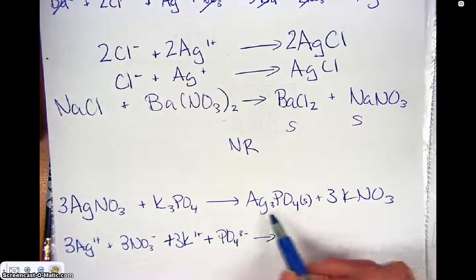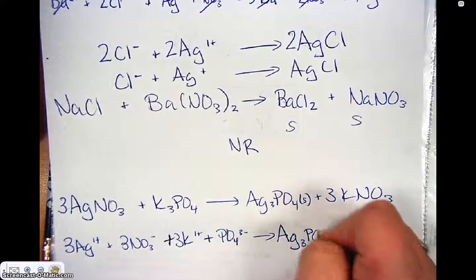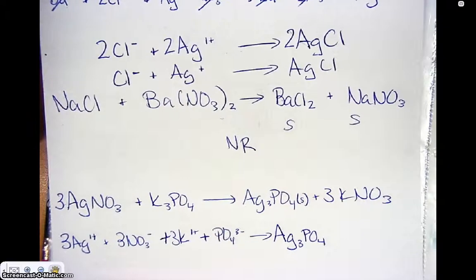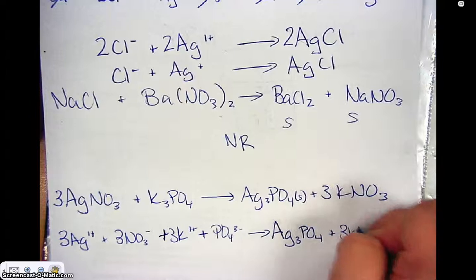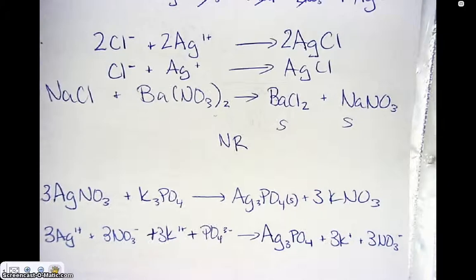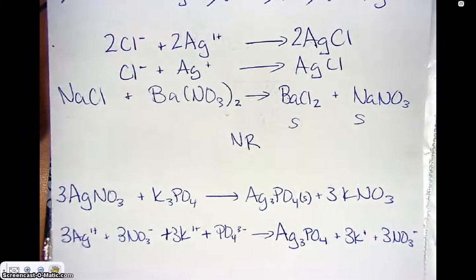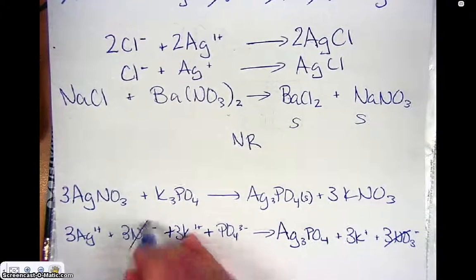And then we've got our silver phosphate, so that is our precipitate, so we keep that one together. And then we've got 3 potassiums, and we've got 3 nitrates. Right? So then we just cancel what we got on both sides. So over here I've got 3 nitrates, over here I've got 3 nitrates.